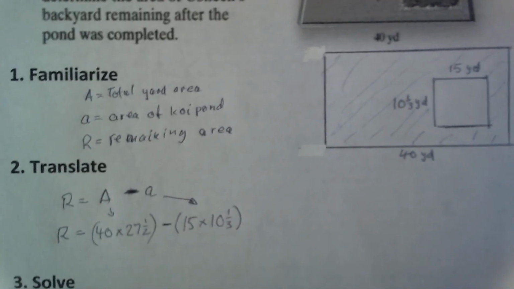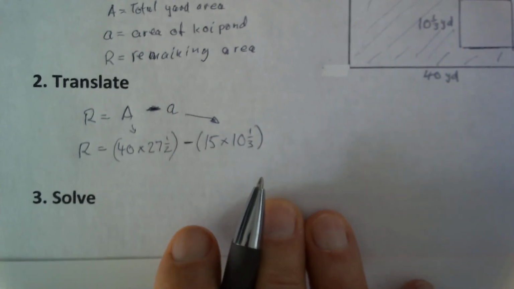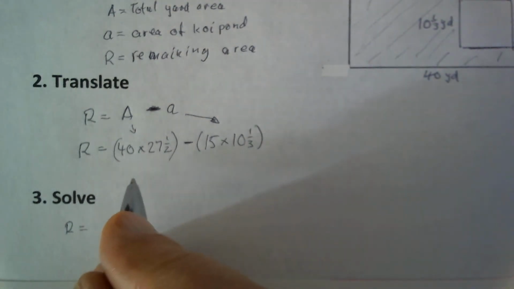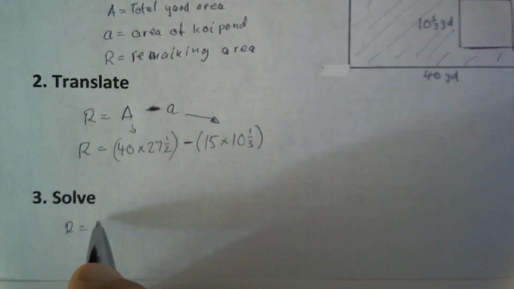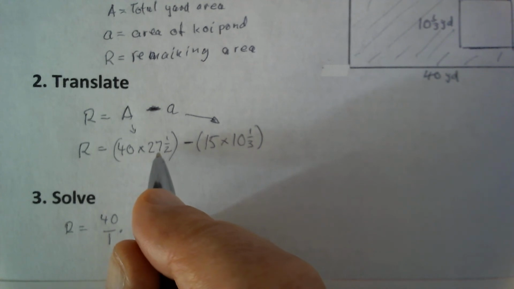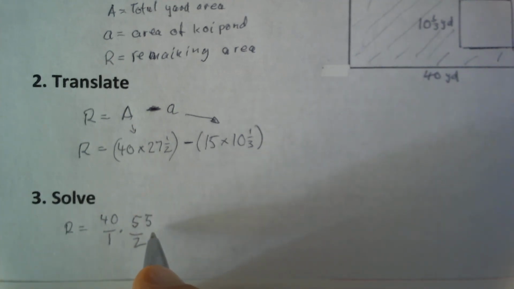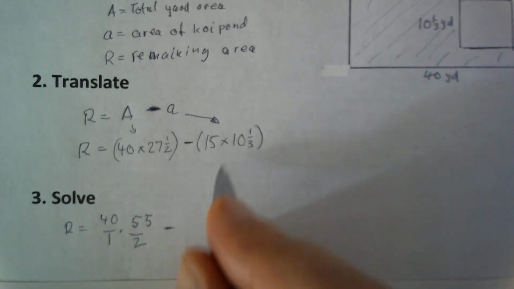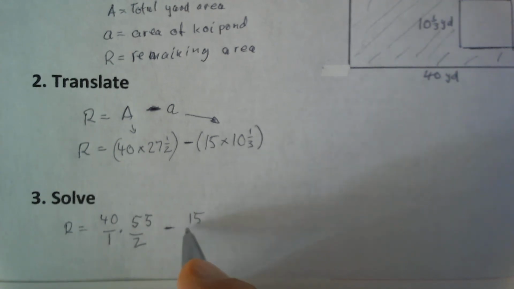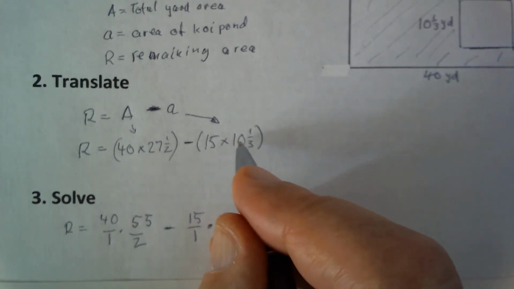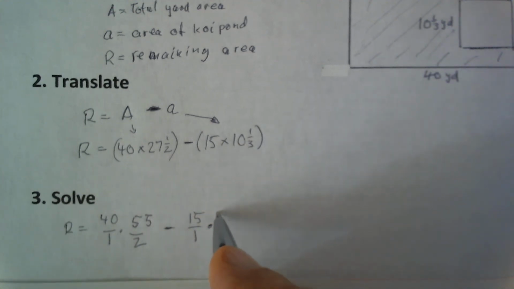So now let's solve this problem. The multiplication of 40 times 27.5 is 40 divided by 1, and we convert 27.5 to a fraction: 27 times 2 is 54, plus 1 is 55, so 55 halves, or 55 divided by 2, minus the other area, that's 15 divided by 1, times 10 1/3, which we convert to a fraction: 10 times 3 is 30, plus 1 is 31/3.